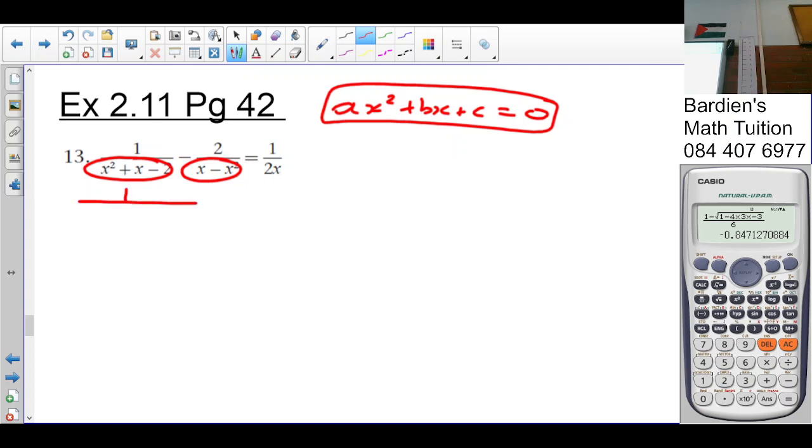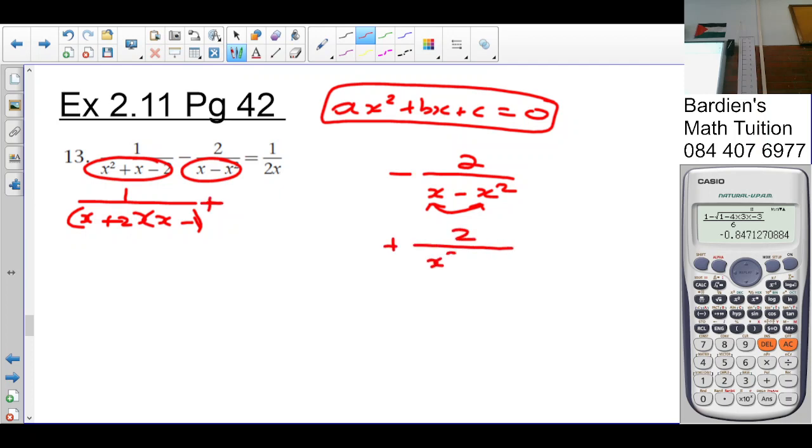So it's going to give you 1 over, that is x plus 2, x minus 1, minus. Now if you look at 2 over x minus x squared, first I'm going to swap that around. There's a negative there. So it's going to become positive. So it's x squared minus x.